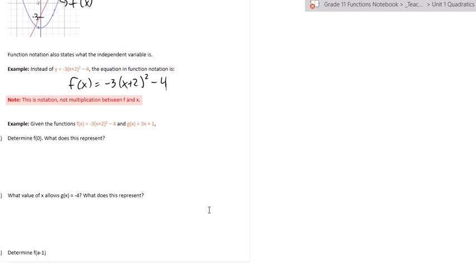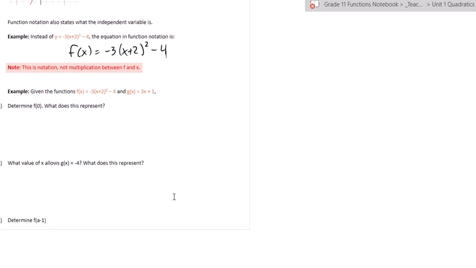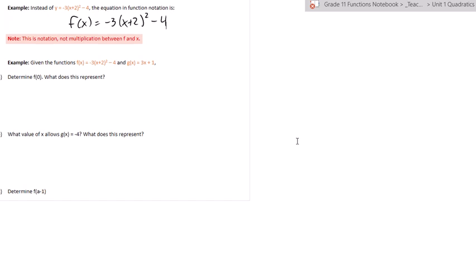So how does this come into play when we're looking at different values? For example, we're given the functions f of x equals -3(x + 2)² - 4, and g of x equals 3x + 1. We're going to determine what f of 0 is, and then what this represents. Really what this is saying is our x value is 0.